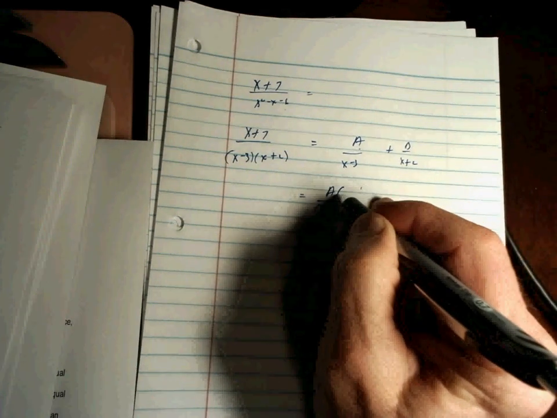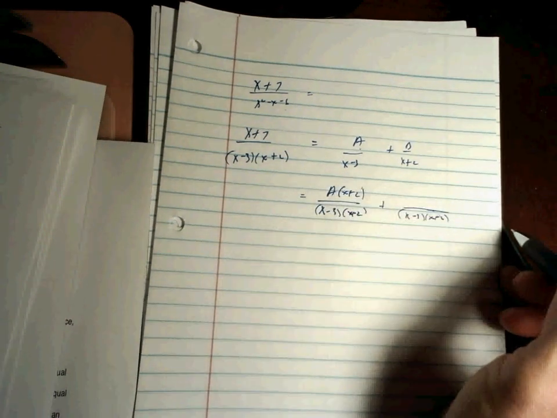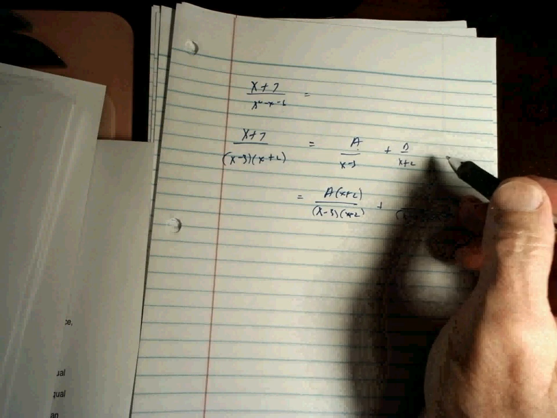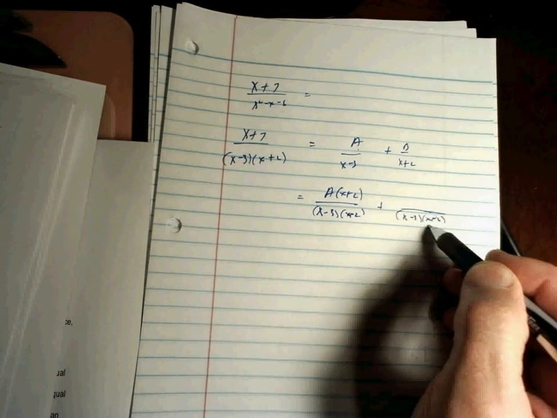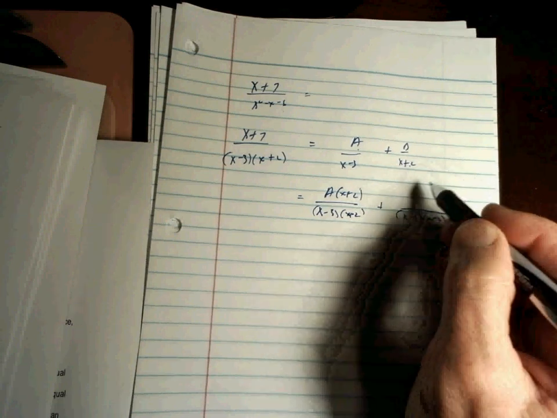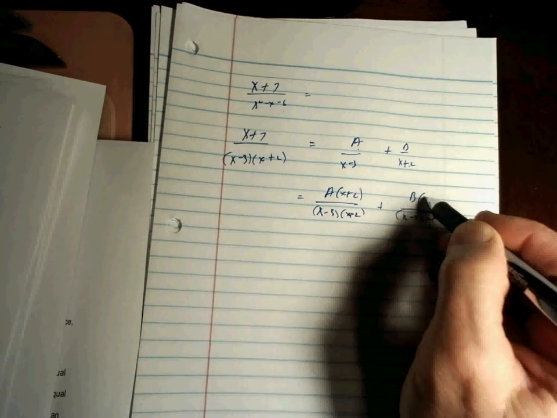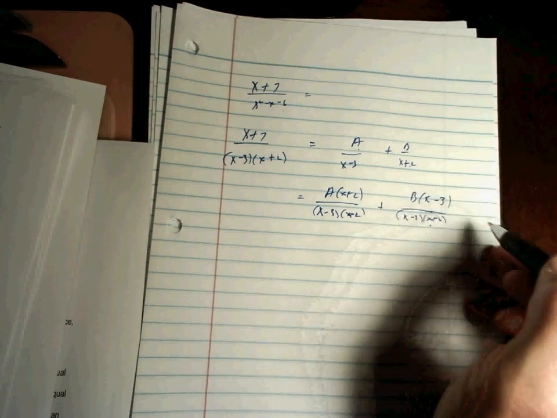So this would be a over x plus 2. Looking at this second one, where we start with this denominator, I have to multiply both top and bottom by x minus 3.